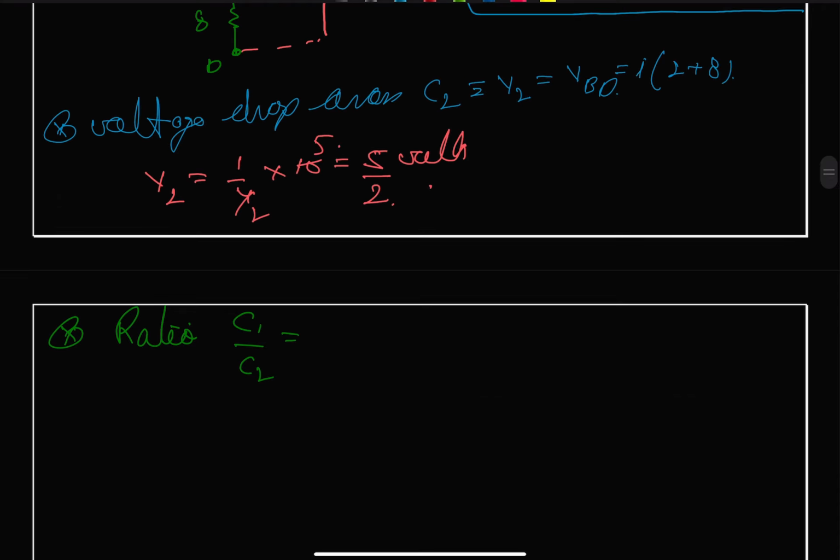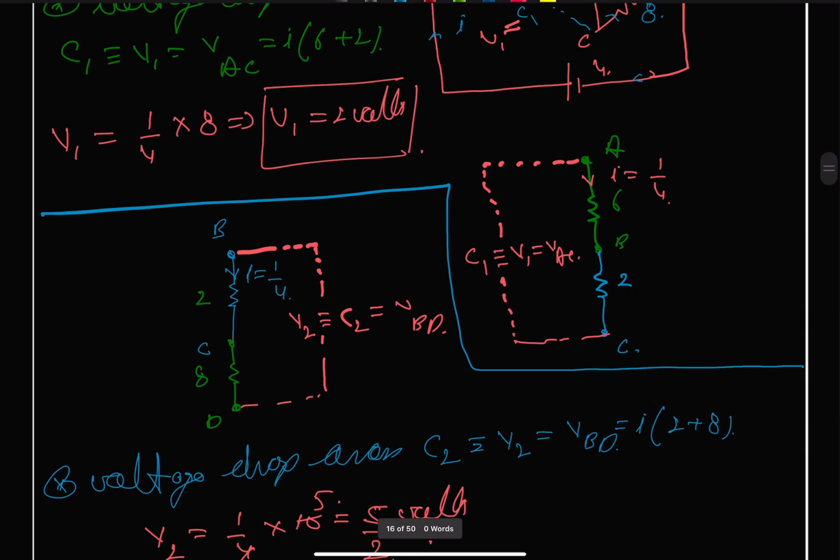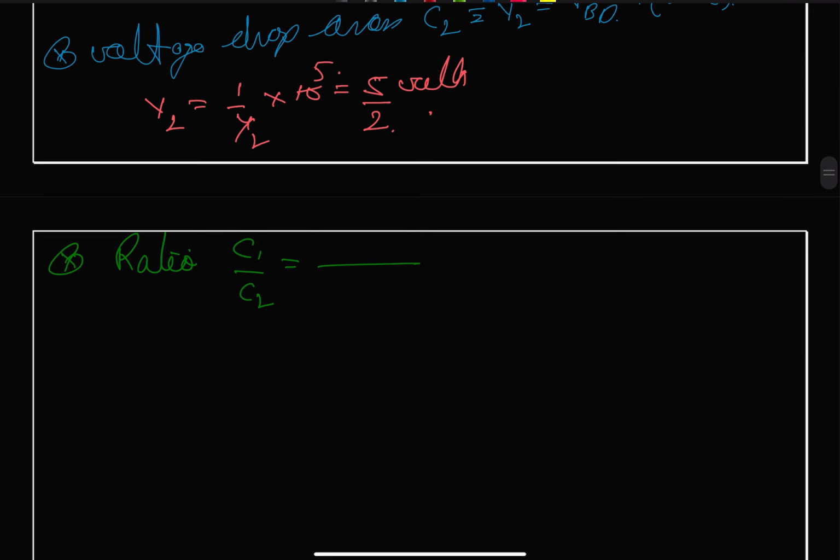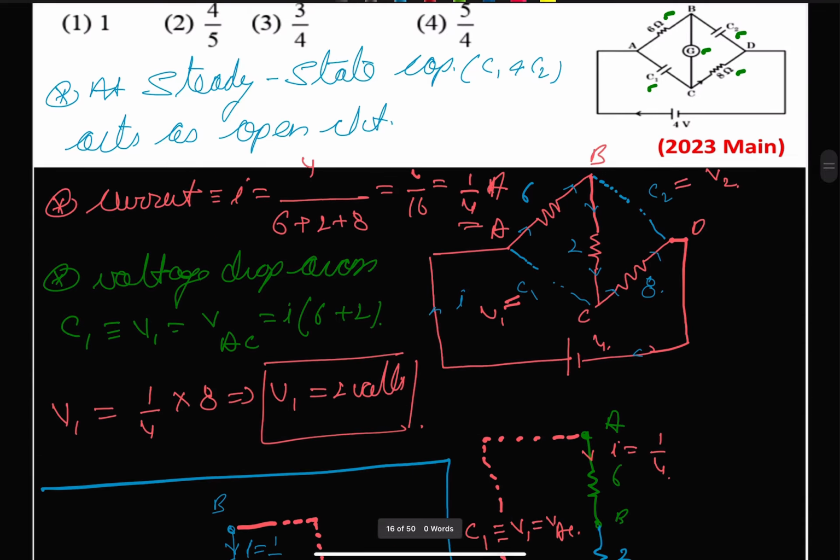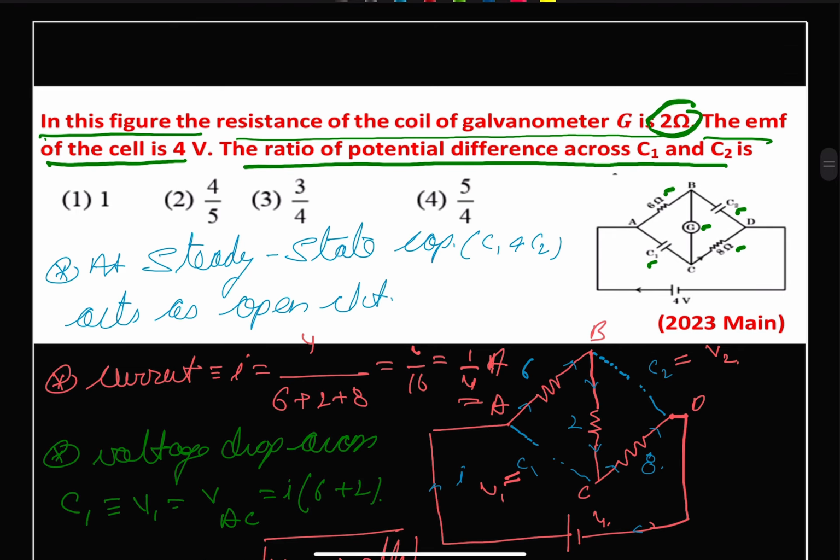So we get C1 we found out is 2, and this is 5/2, which gives us the ratio as 4/5. So this gives us ratio is 4/5. Option 2 is correct.